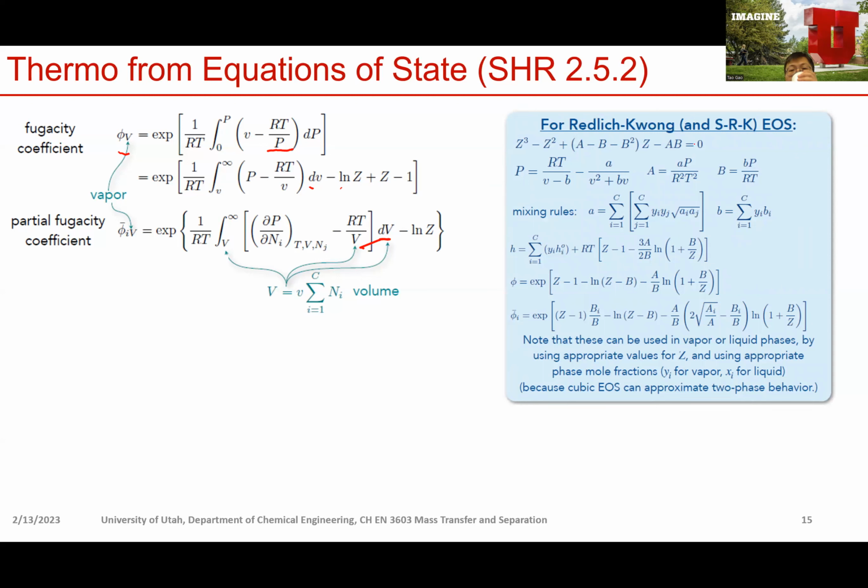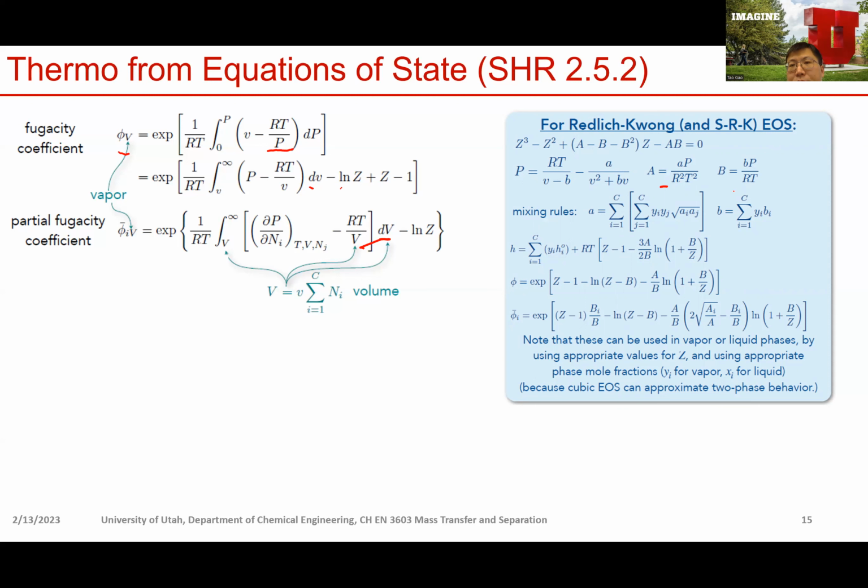So here, from this equation, you can get Z. And A and B are two parameters which you can compute using this and this equation.